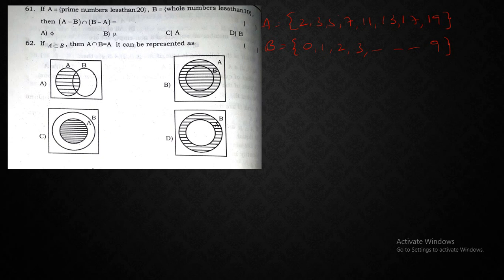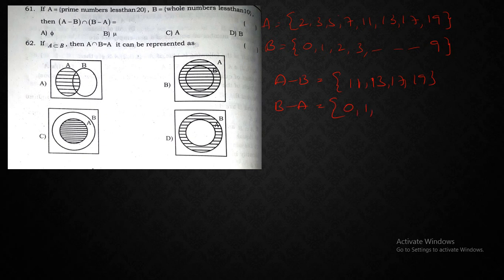So what is A minus B? A minus B means you need to consider only the elements of A which are greater than 10, right? So A minus B is equal to 11, 13, 17, 19. Next, the same way B minus A. From B we need to subtract the elements of A, so we need to remove all the prime numbers.